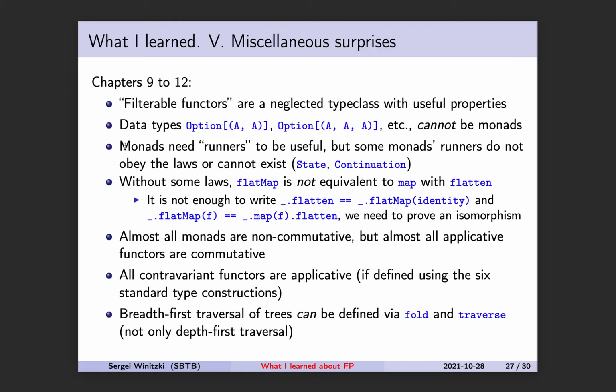While studying monads in depth, I found that essentially we always use some kind of runners with monads to extract values from a monad. And some monads have interesting runners, but some monads don't. For example, the state monad has a runner that does not obey a certain law. It obeys the laws of monad, but the runner for it does not obey the laws of monad morphisms.